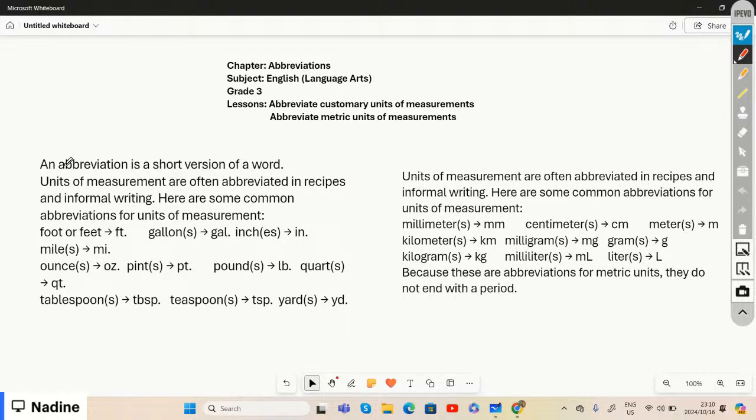And units of measurements are often abbreviated in recipes, or even in informal writing.